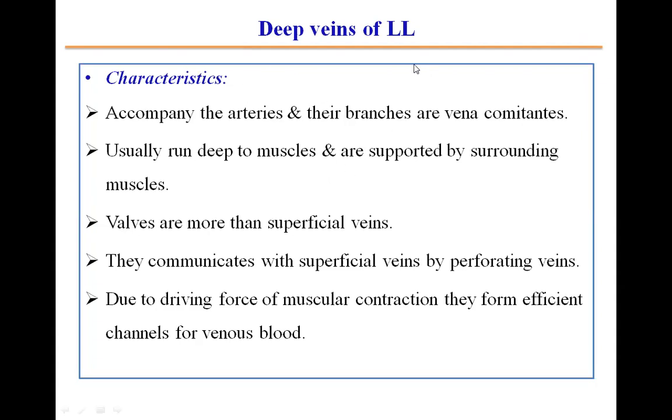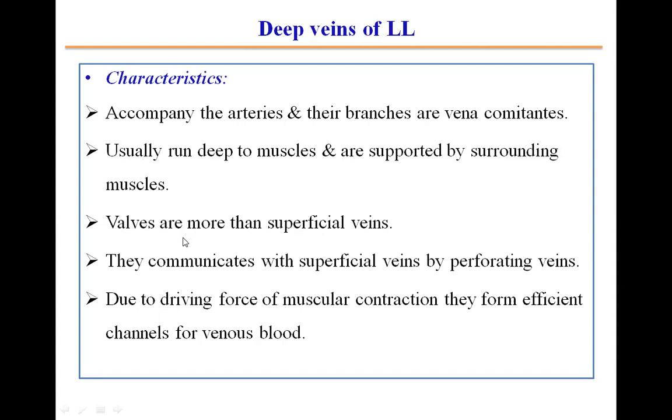Coming to the deep veins of the lower limb, they show certain characteristic features. They accompany the arteries and their branches as vena comites. They usually run deep to the muscles and are supported by the surrounding muscles.